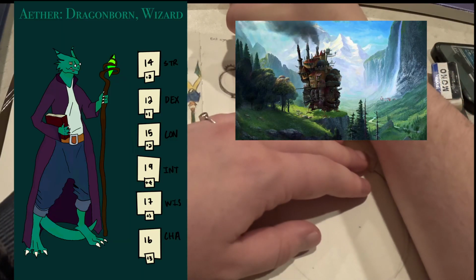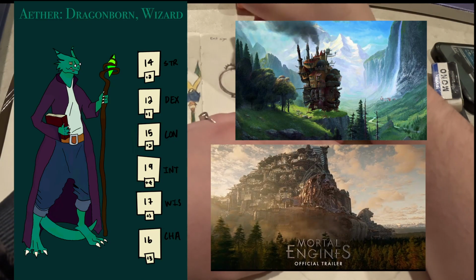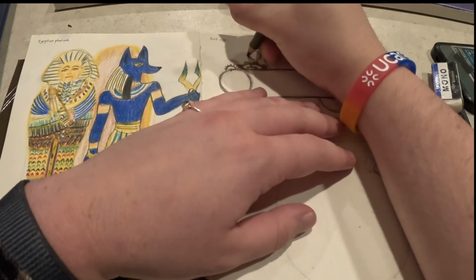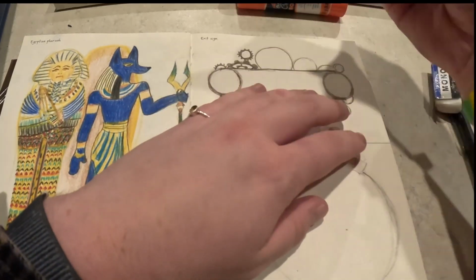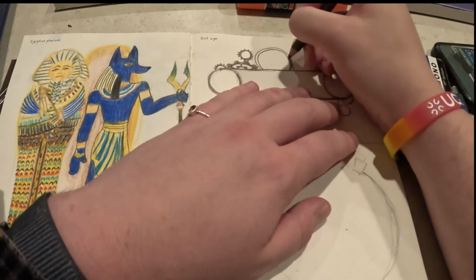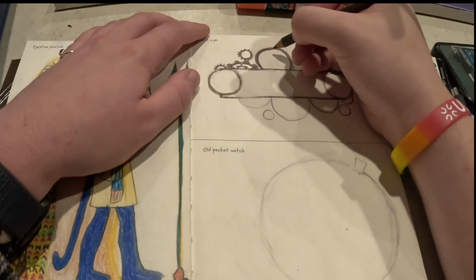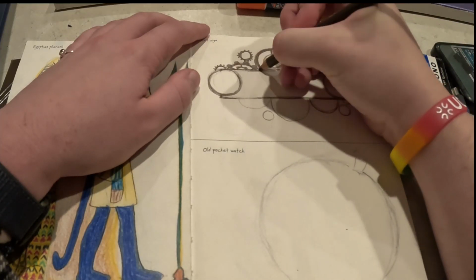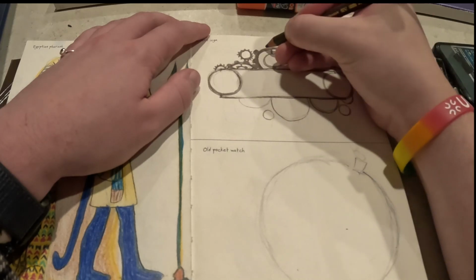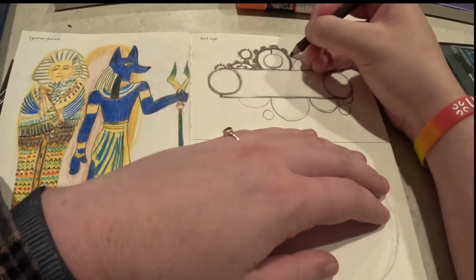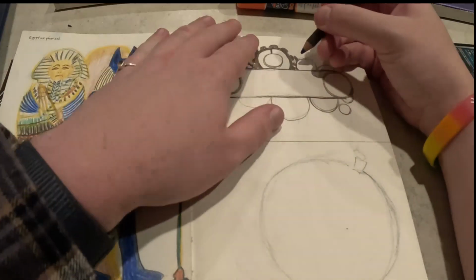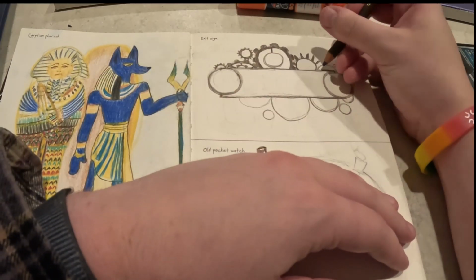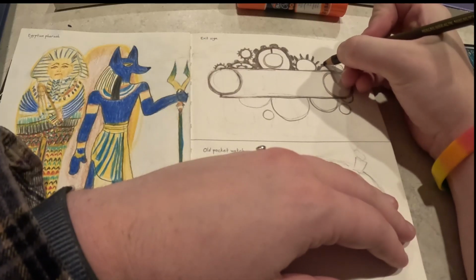Think Howl's Moving Castle with his traveling shop meets Mortal Engines, and the theme of how that series looks and works meets cyberpunk technology mixed with magic. This series is based off of Egyptian, Norse, and Japanese myth in the steampunk genre. Steampunk is from the 19th to 20th century, Queen Victoria's era of reign, so essentially 1837 to 1901, reimagined with futuristic technology and magic in a futuristic realm.